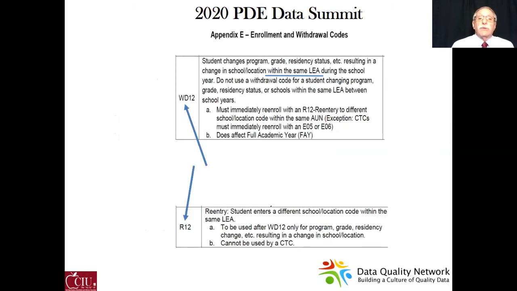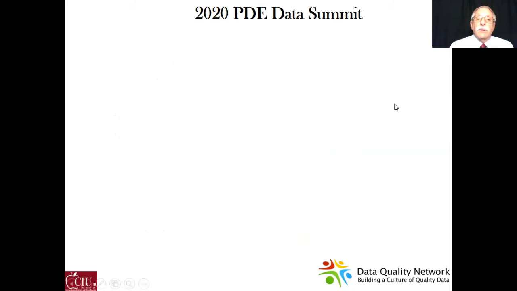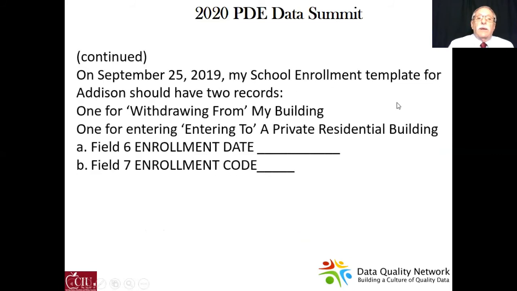This is where we're going to use those WD12 and R12, because we're going to treat this as if the child is going from my building to a private building. So we need to be able to track that within PIMS. So we should have 2 records, one for withdrawing and one for entering.